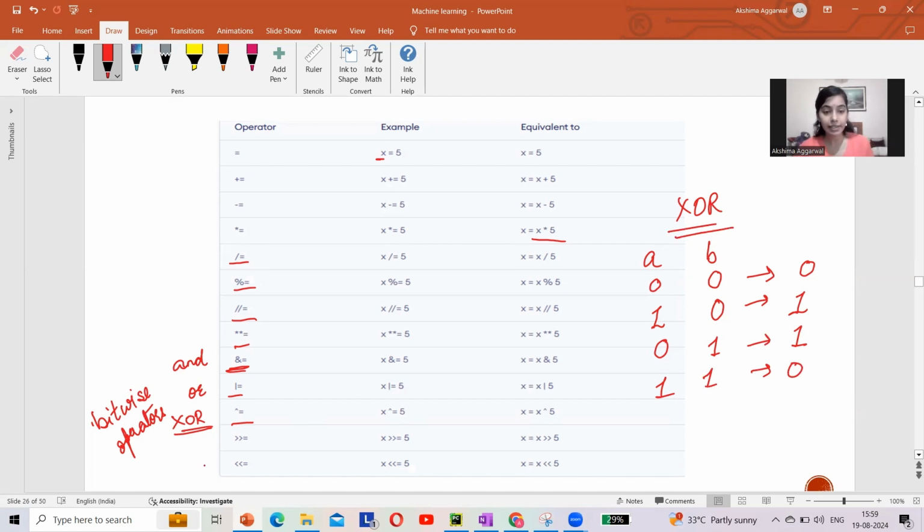Now, next is the right shift operators and the left shift operators. Now, let's see the difference between them.